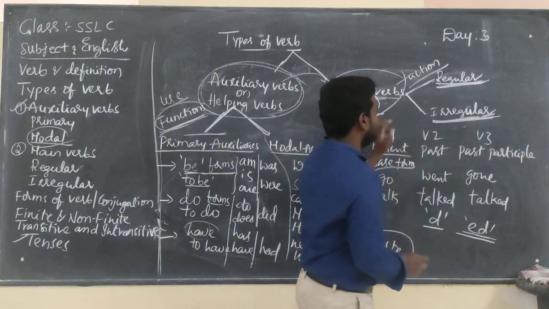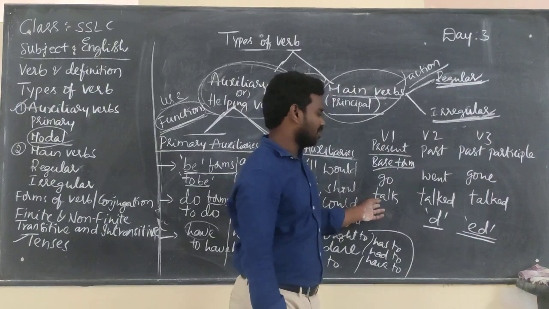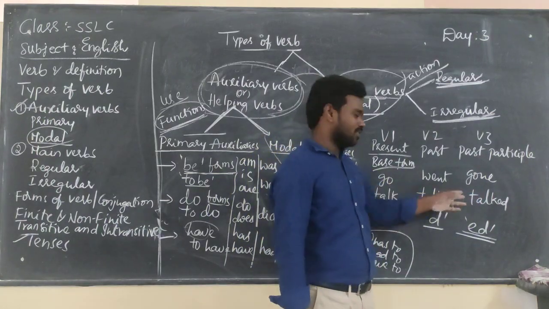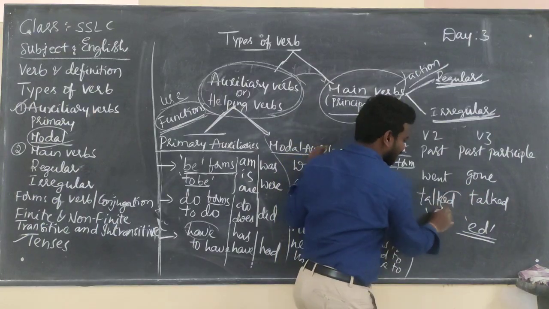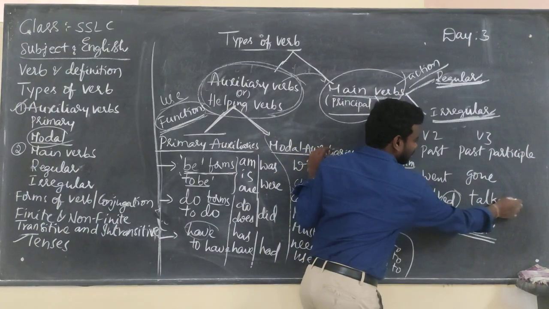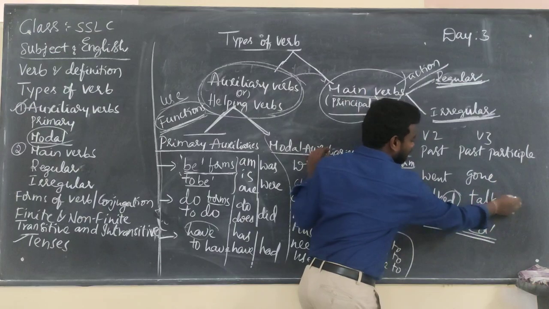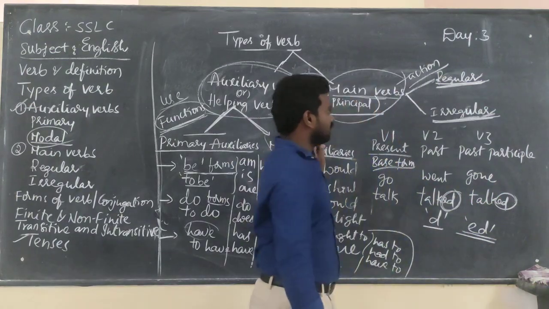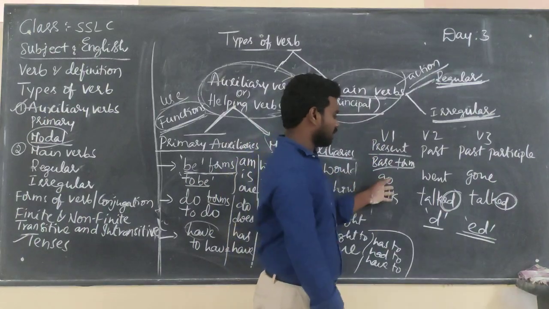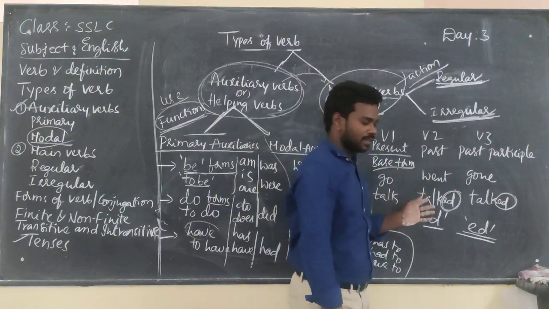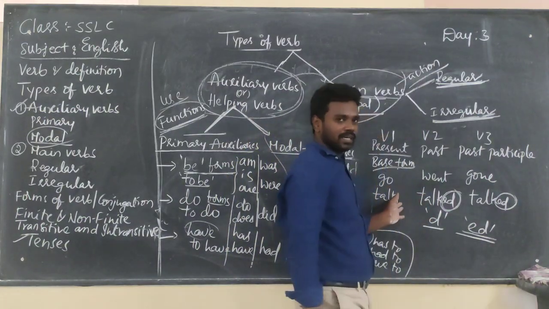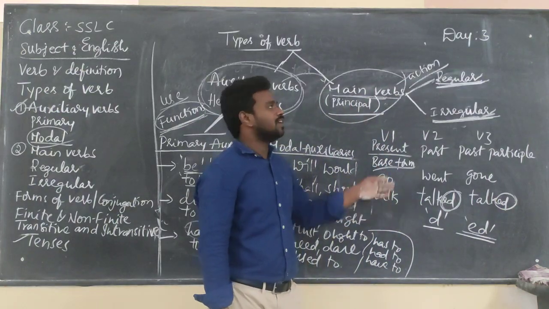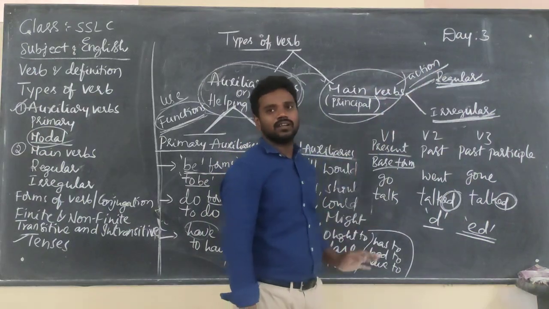For example, talked, talked. Here the past and the past participle both end with ED. If a verb forms its past and past participle with D or ED, we can call it a regular verb.